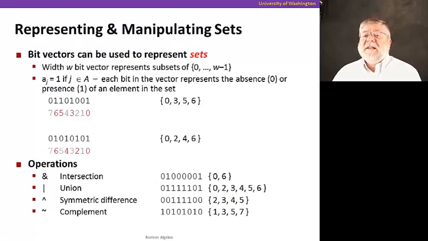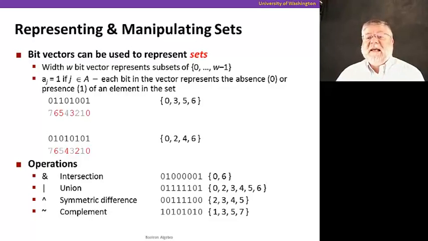All right. Lastly, I want to show you how Boolean algebra can be used to represent sets. We'll be using this a few places during the rest of the course. So we can take a bit vector of W bits. Let's say maybe that's just 8 bits for now. What we can do is have each bit represent an element of a set.